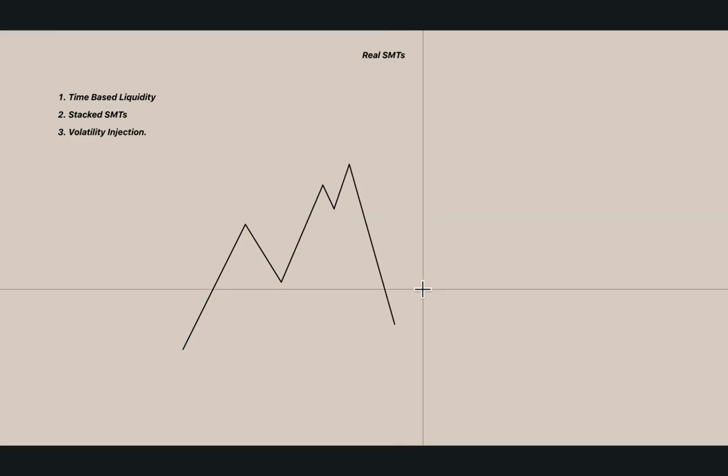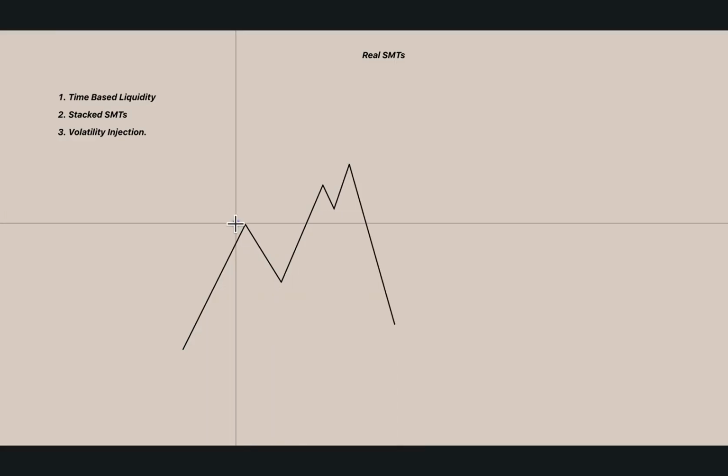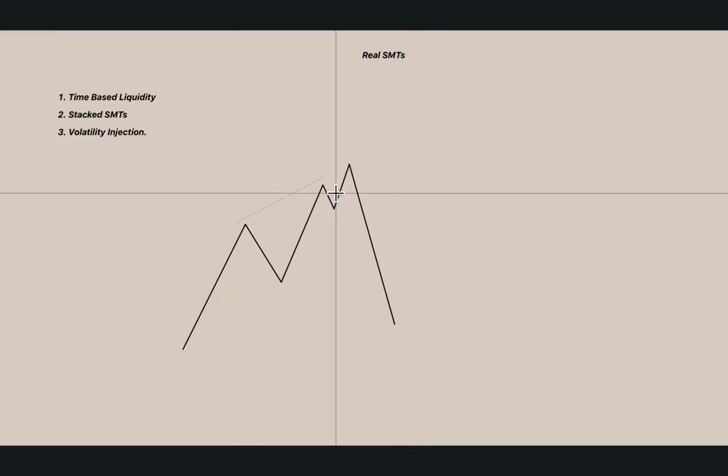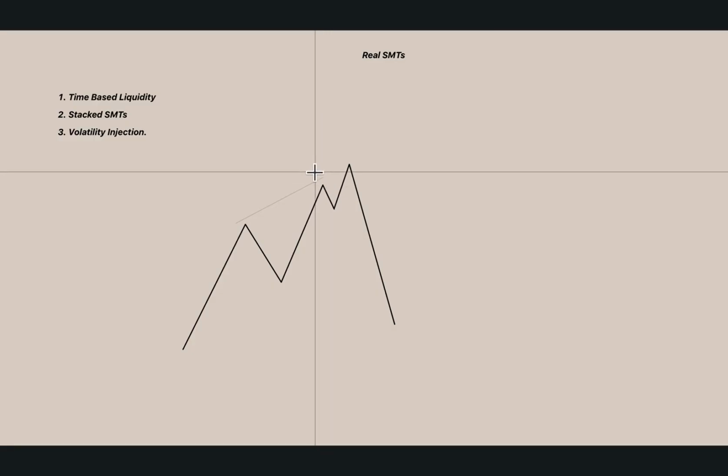The second thing that makes an SMT real to me is when there is stacked SMTs. And so what that means is you have a higher time frame SMT on top of a lower time frame SMT. So here, let's say you had an SMT on the higher time frame, and then you had another SMT on the lower time frame, right?